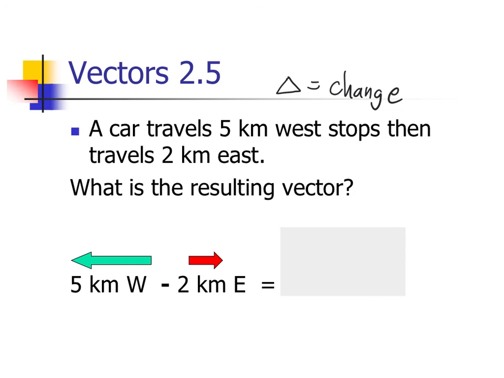The triangle is sometimes seen as the Greek letter delta. A lot of times in science, we say it's the change. The change in displacement.